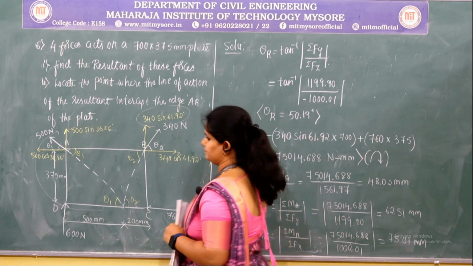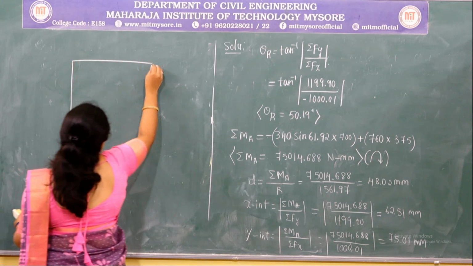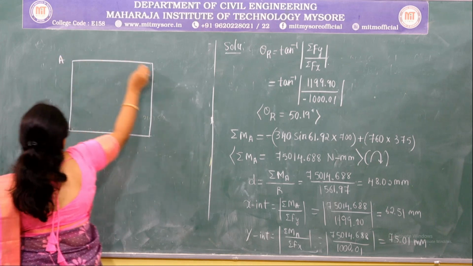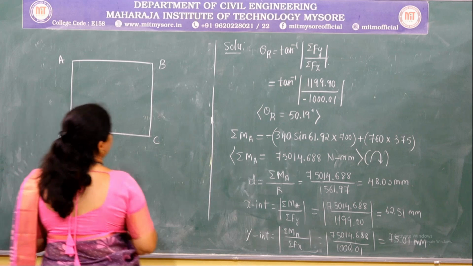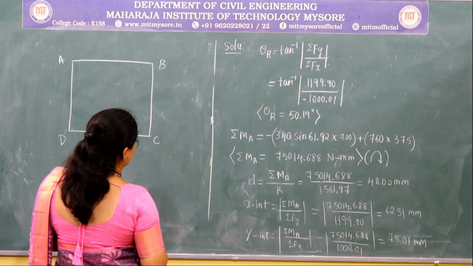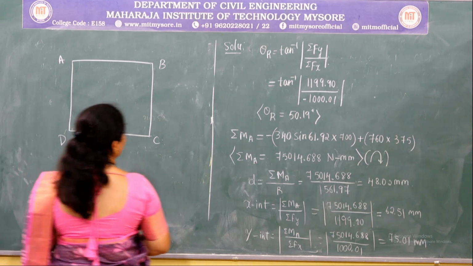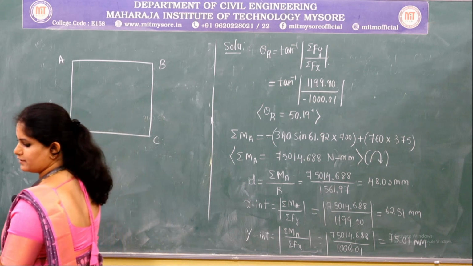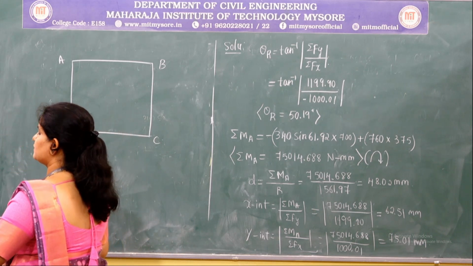So to represent this, this is the given plate. We need to represent it with respect to edge AB. We got the value of Fx as negative and Fy as positive.